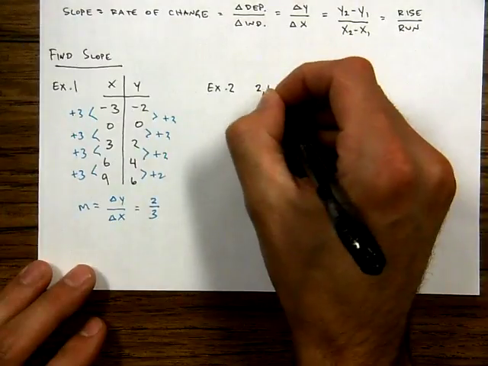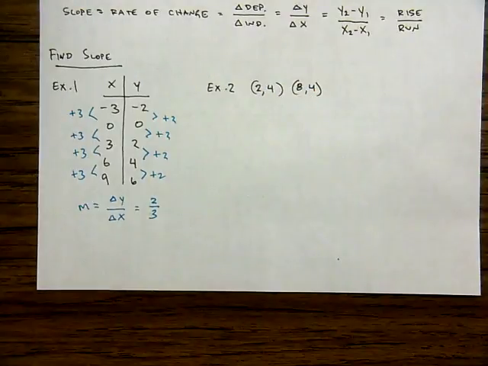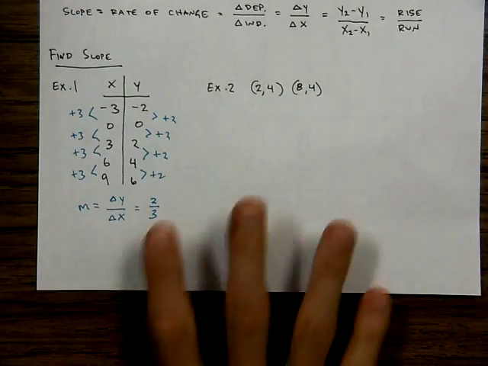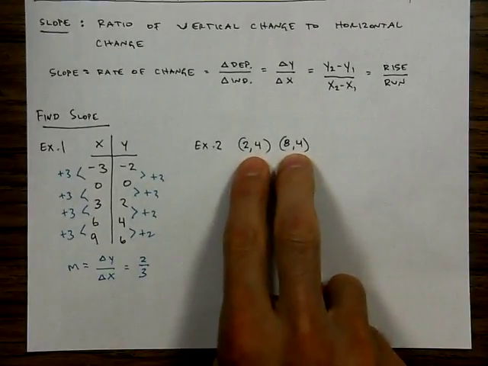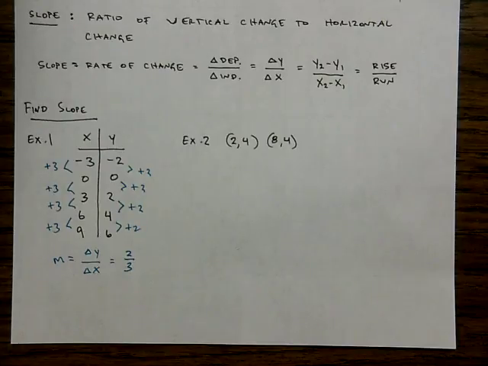All right, second example, what if I give 2 points? So I have a couple different ways I could do this. I could go to this nice formula that we do. I could take this and put it in the form of a table and then find the slope that way. Either way really works. You could also graph them and then look at rise over run. That to me seems like a little bit more work than you need to.